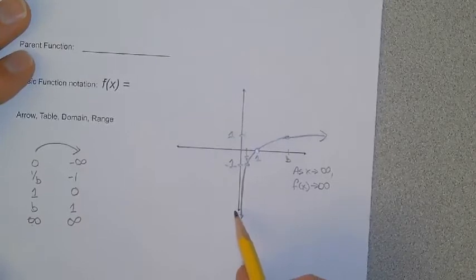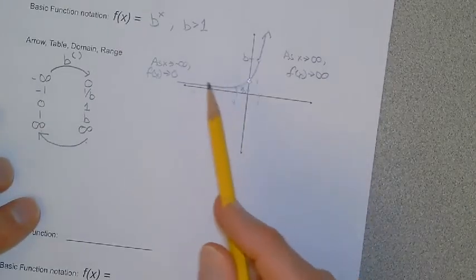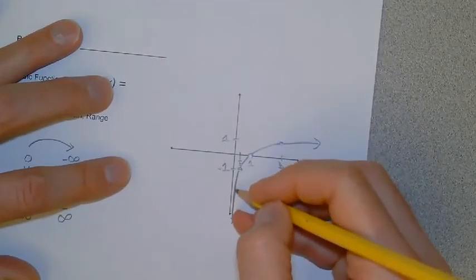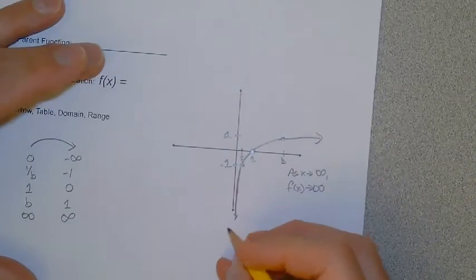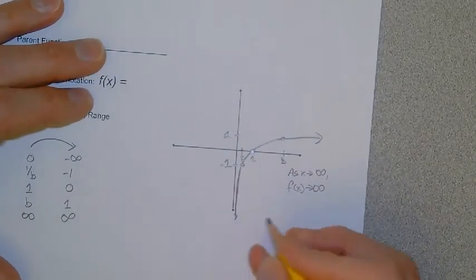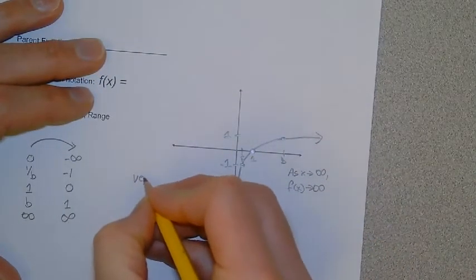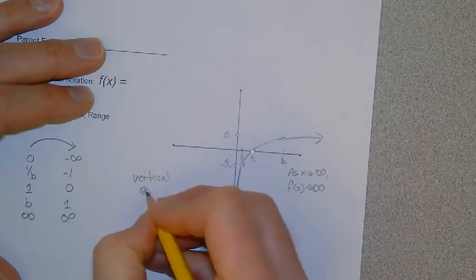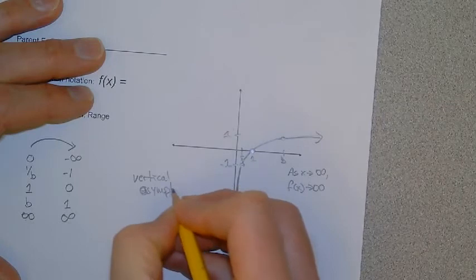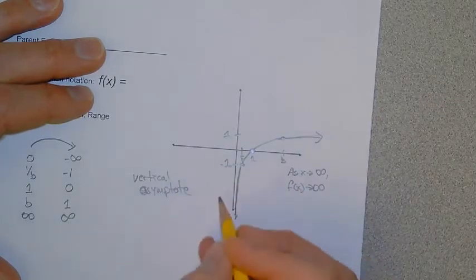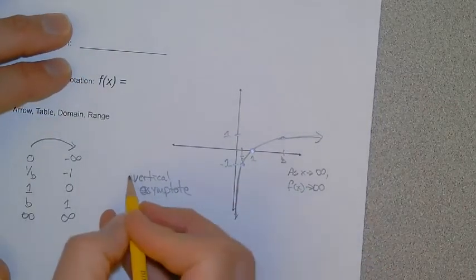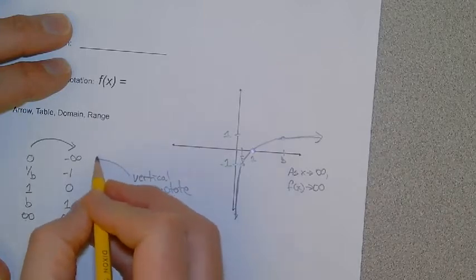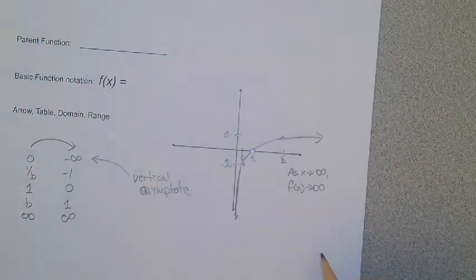This is a weird thing though. Before, up here, we called this a horizontal asymptote because it flattened off horizontally. This goes vertical. This is actually called a vertical asymptote. So my vertical asymptote is the behavior that's going on there, and I see it here in my arrow diagram.